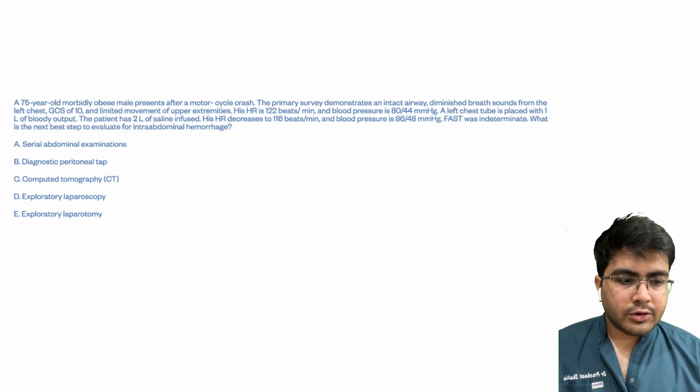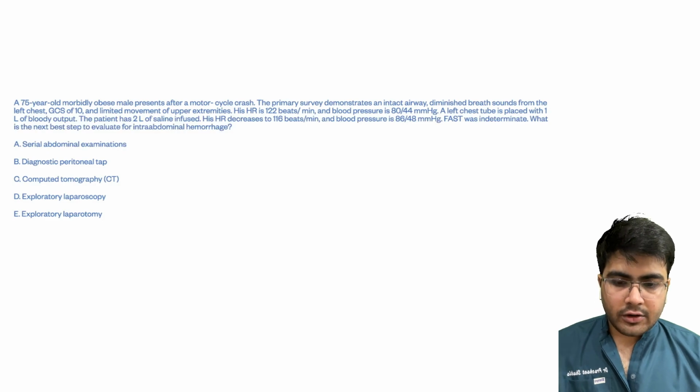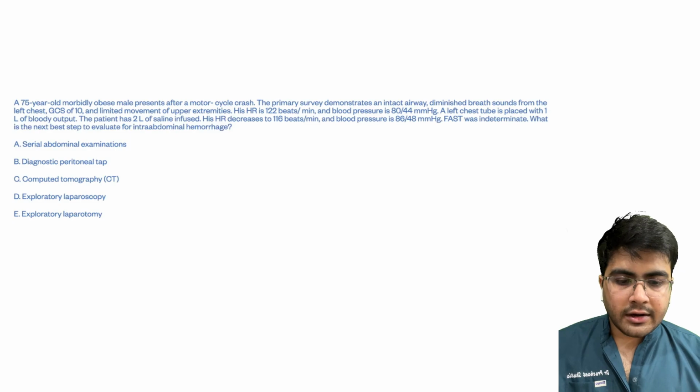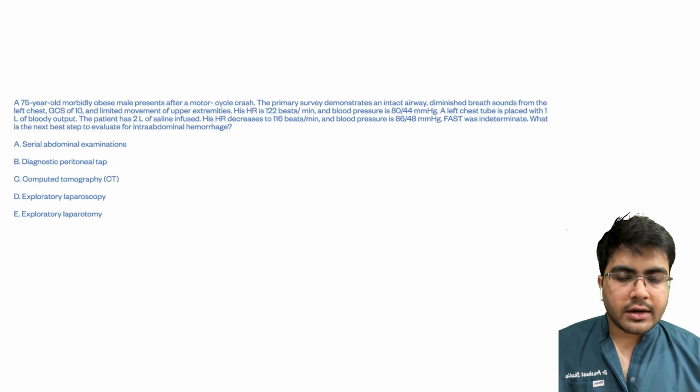A left chest tube is placed with 1 liter of bloody output. The patient has 2 liters of saline infused. His heart rate decreases to 116 beats per minute and blood pressure is 86/48 mmHg. The FAST was indeterminate. What is the next best step to evaluate for intra-abdominal hemorrhage?